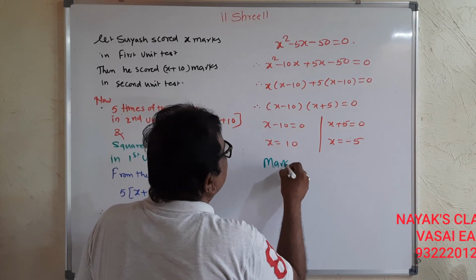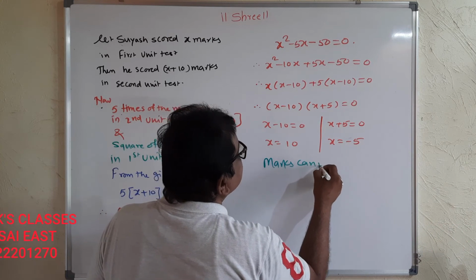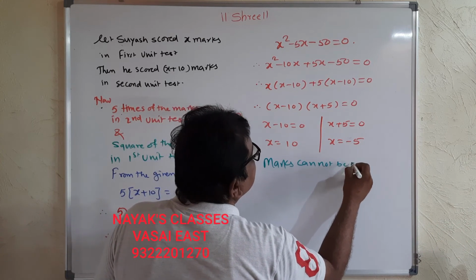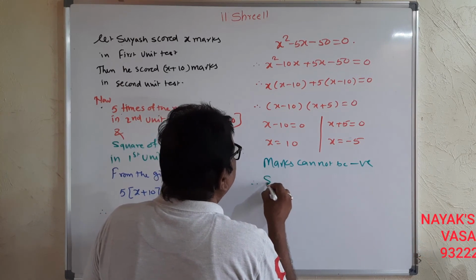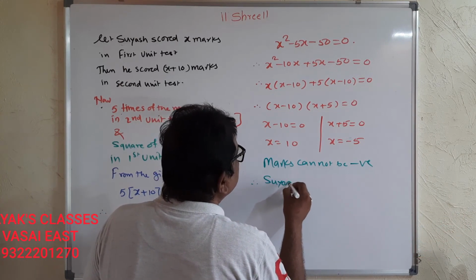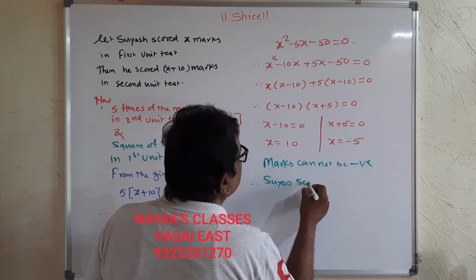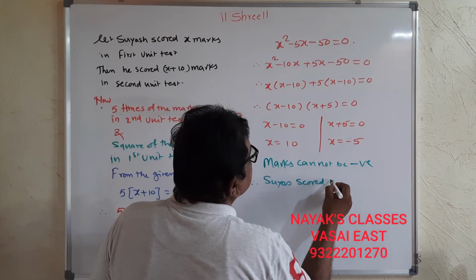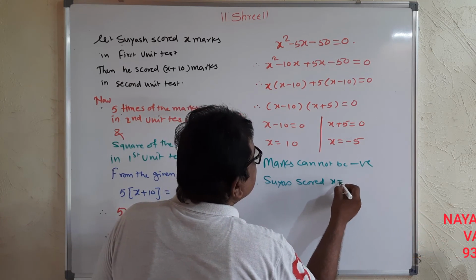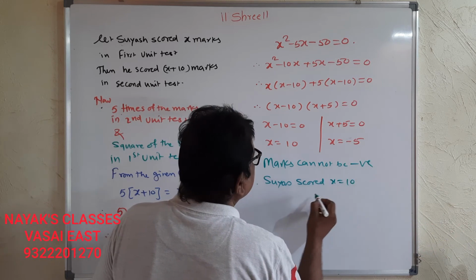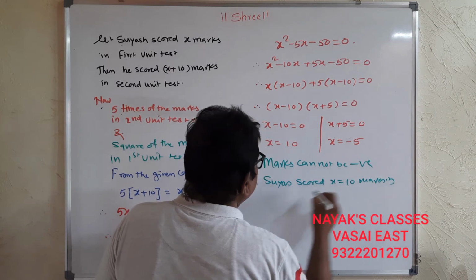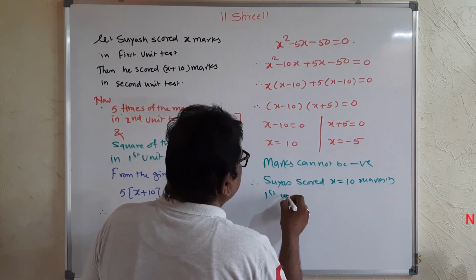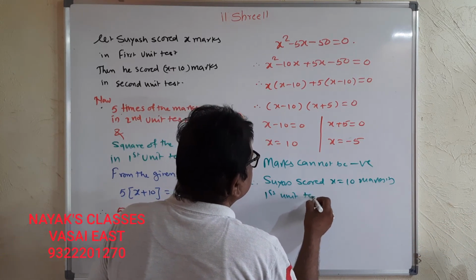So, marks cannot be negative. Therefore, Suyash scored x is equal to 10 marks in the first unit test.